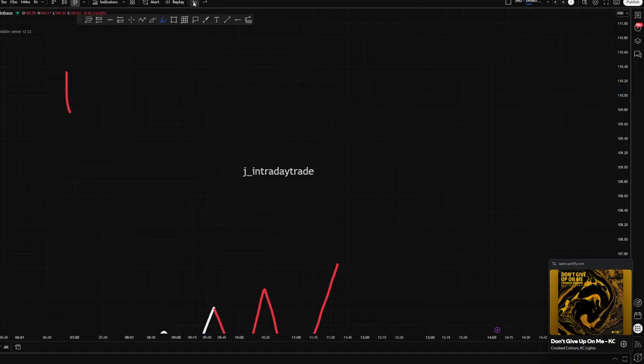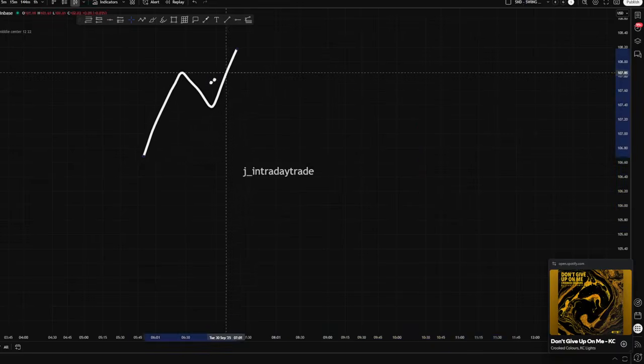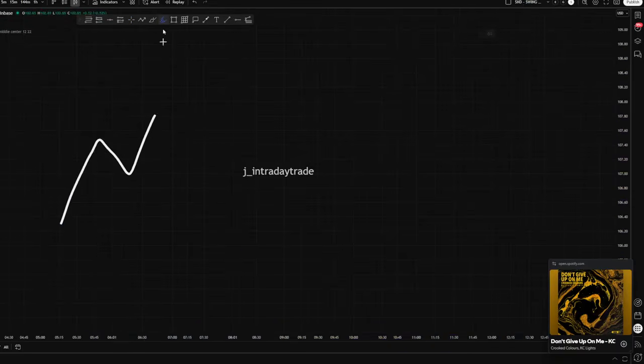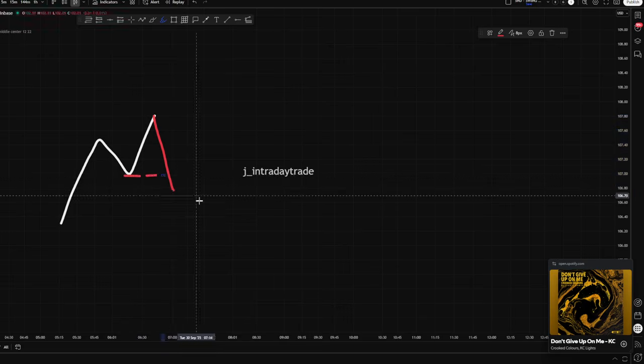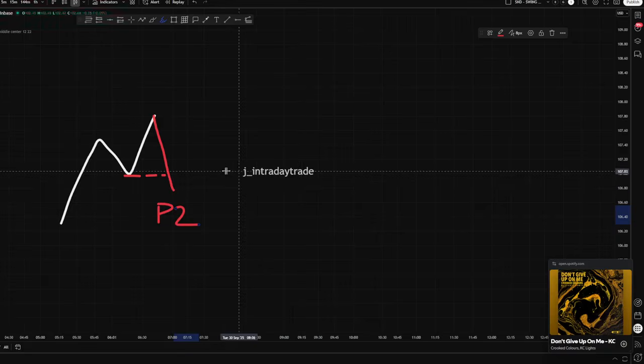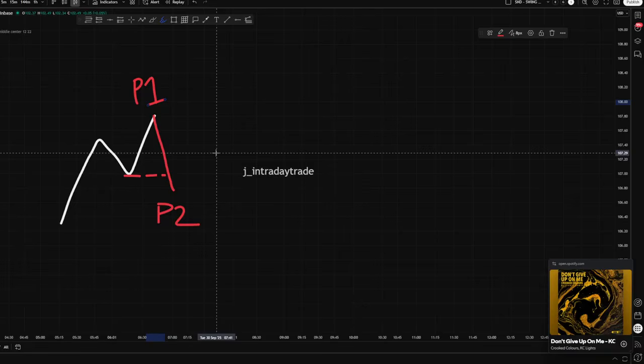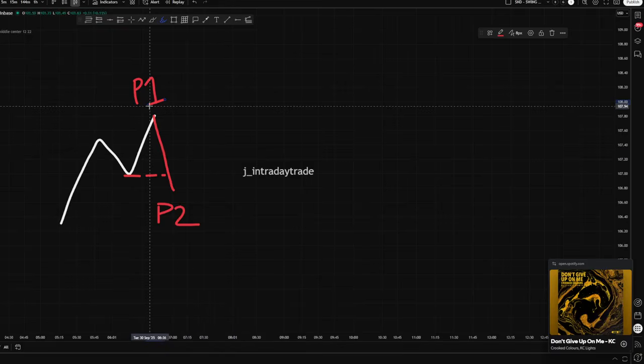So the P2 forms around this very area of price. This is your previous homework. As soon as we run this very low right here, we have a P2. Notice that I did not say P1 first. You will always see me note out the twos first, because without a two, there is no one.